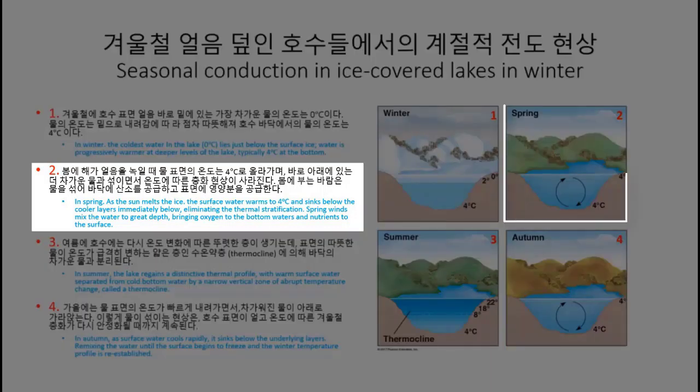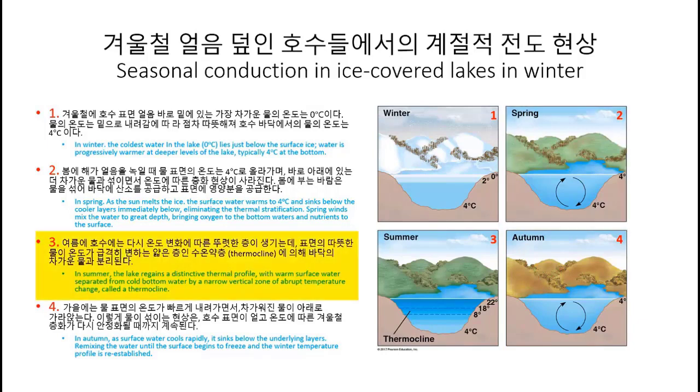Spring. Number 2. In spring, the surface water warms to 4 degrees Celsius and mixes with the layers below, eliminating thermal stratification. Spring winds help mix the water, bringing oxygen to the bottom and nutrients to the surface. Summer. Number 3.